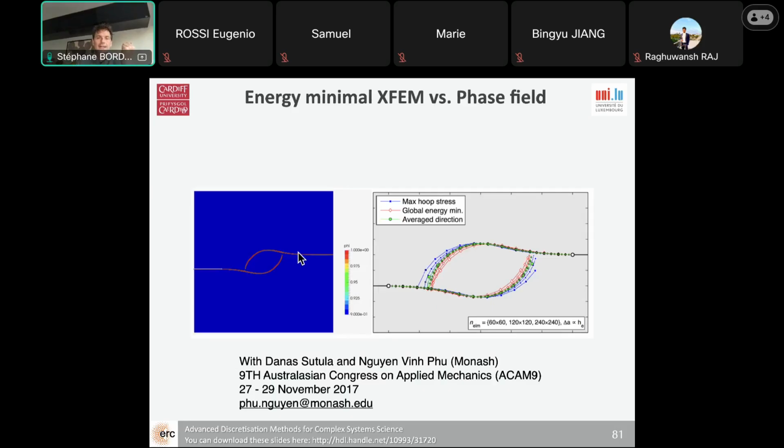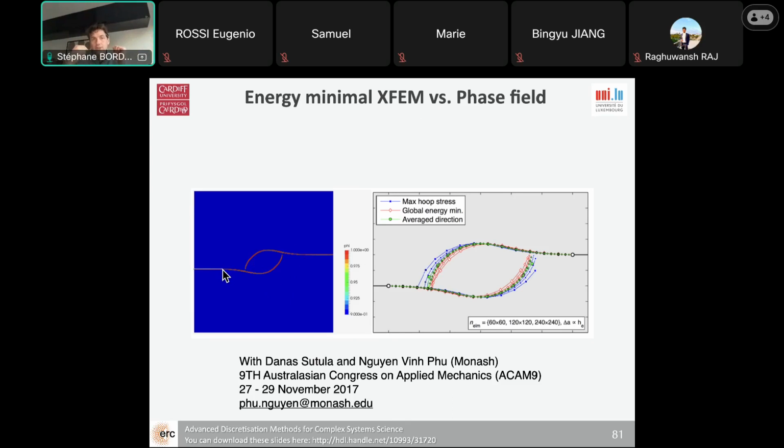If I give you two cracks, how can you decide which one should grow? If everything is symmetric, okay, both. But it's never exactly symmetric. So you don't know which one is going to optimally minimize the potential energy, because this is always what the system tries to do. It takes the potential energy, tries to minimize that. How do you do that? What you do is you theoretically need to find the optimal way to do that.